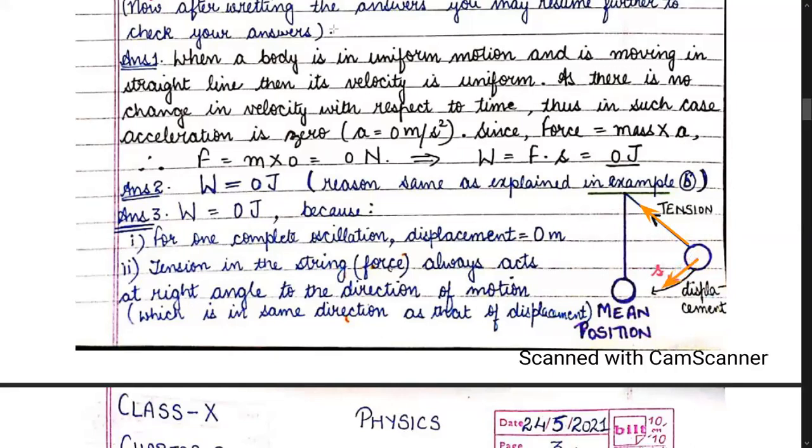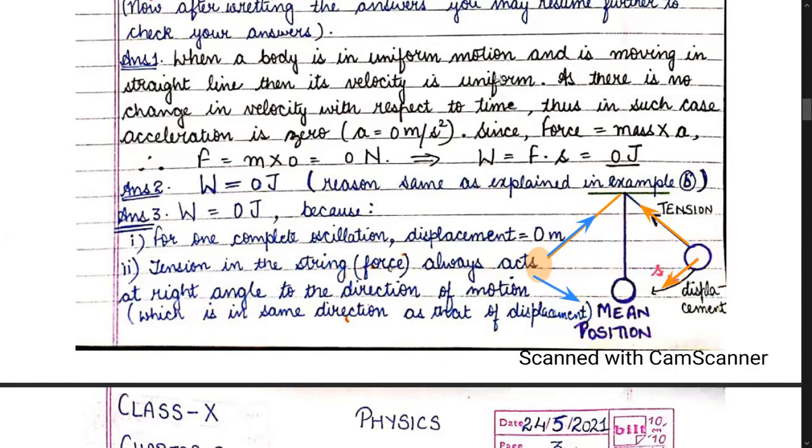Even if you are taking the other extreme position, then also if you draw a bob, the tension will be in upward direction and displacement will be towards the mean position.